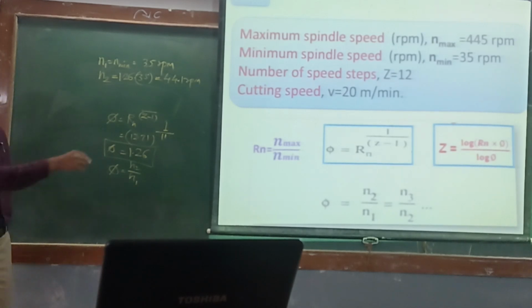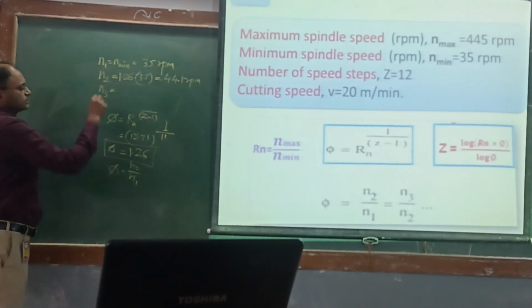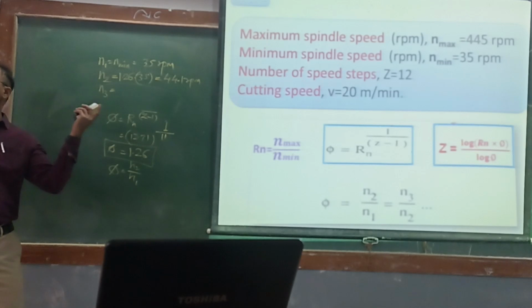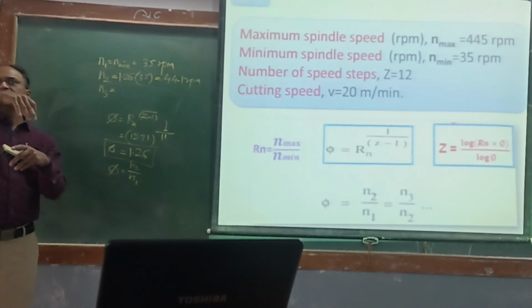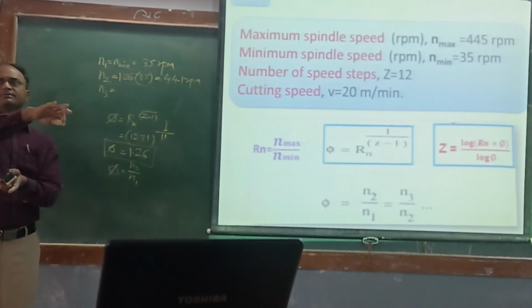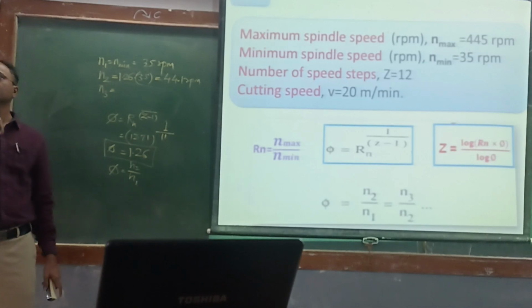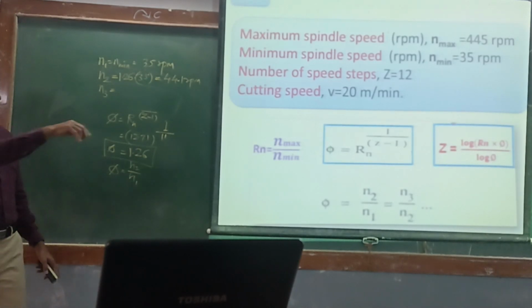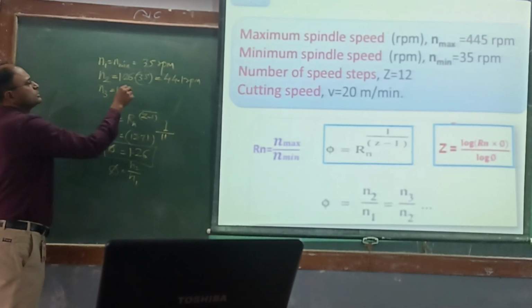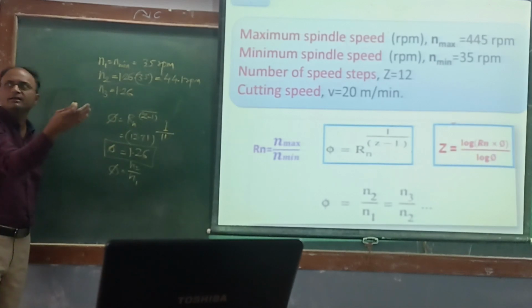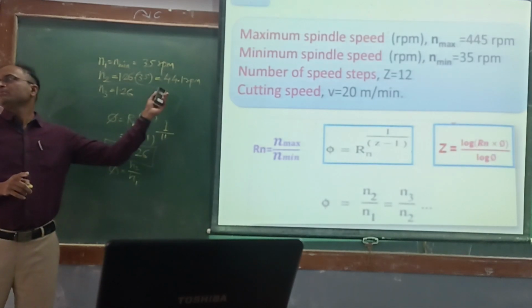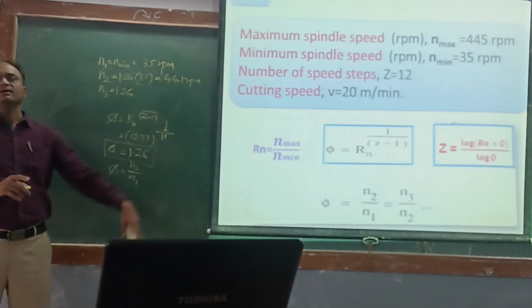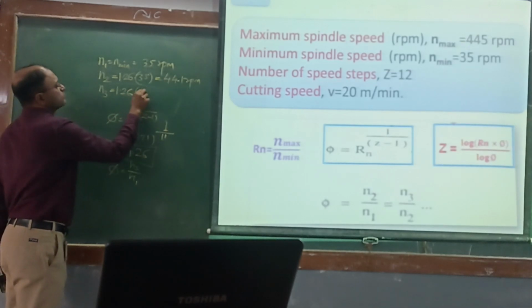Third speed N3 is phi times N2. Next speed is phi into the previous speed. So 1.26 into 44.1 is 55.56 RPM. You have to just go on multiplying this value again and again by 1.26.